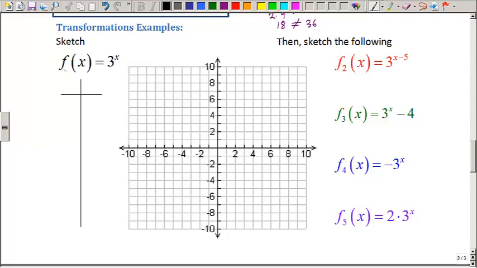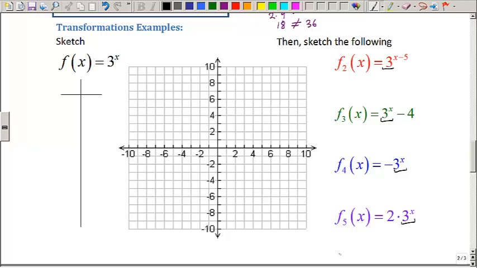After that, we're going to take each of the new functions, the red, green, blue, and purple functions, and translate their transformations from my parent function 3 to the x. Each one of these has a parent function 3 to the x inside the new function.